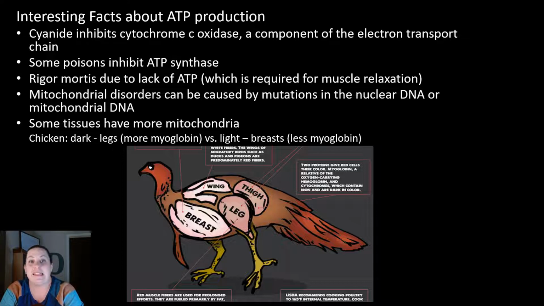The dark meat is in the legs, like legs and thighs, because there's a lot more myoglobin, and they have a lot more ATP because chickens walk, they do not fly. The breasts and the wings have the light, or white meat, because they do not have near as many mitochondria, again, because they don't fly, they walk. So this is just giving you an interesting fact about the light and dark meat in chickens.